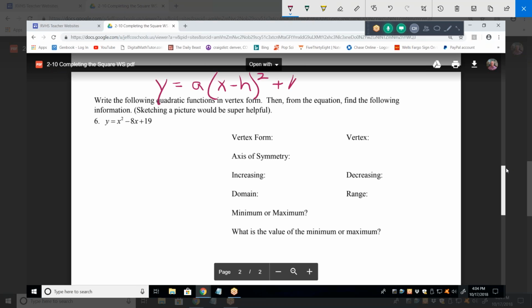In other words, the form you just gave me was standard form. Those are two very common forms. They're giving you this in standard form, notice. Number 6. Well, they want us to write it in vertex form. So I have to take this equation they've given us and make it look like this.